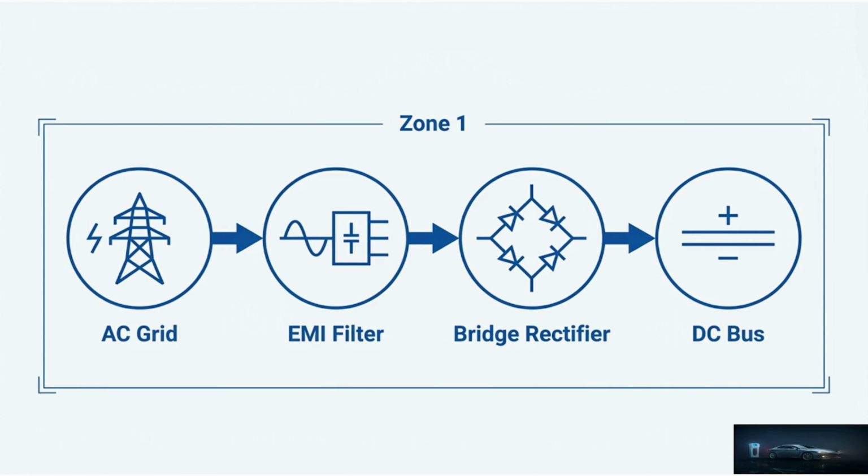Let's understand what each one does, their importance and how they work. First we have the EMI filter. Its job is to remove the unwanted electrical noise and interference from the incoming power.